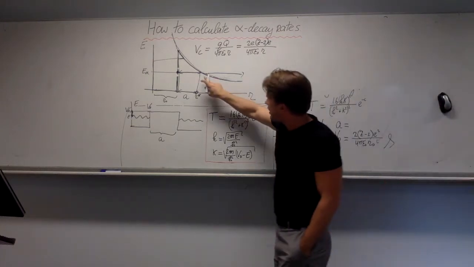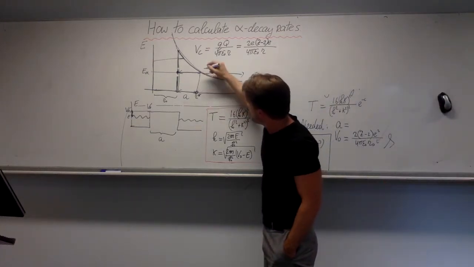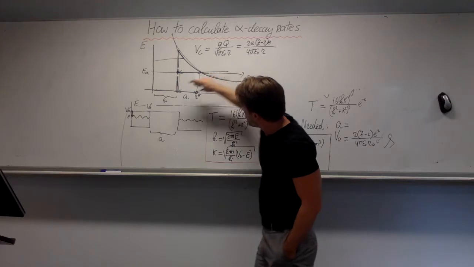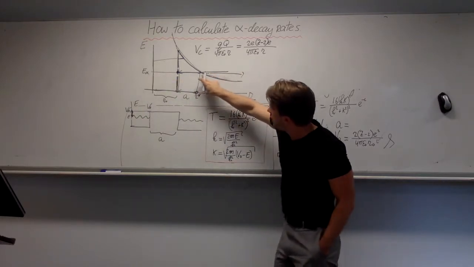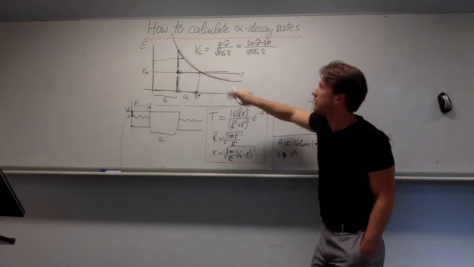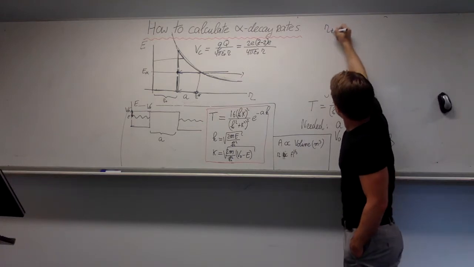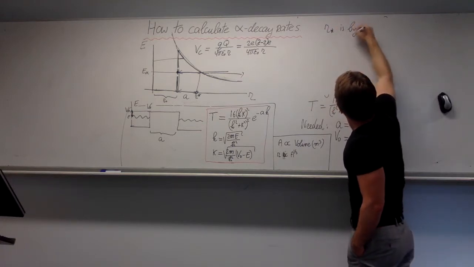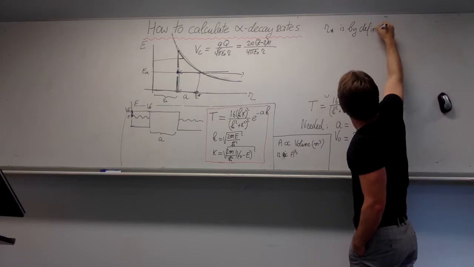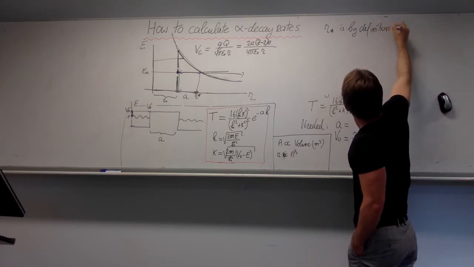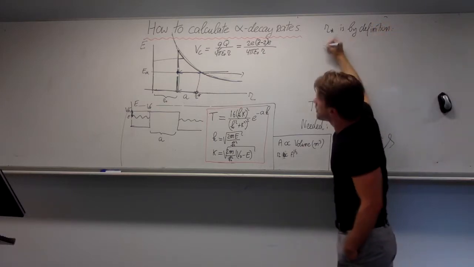As you can see here, R star is by definition the moment that this line is above the Coulomb line. In other words, R star is by definition the following thing.